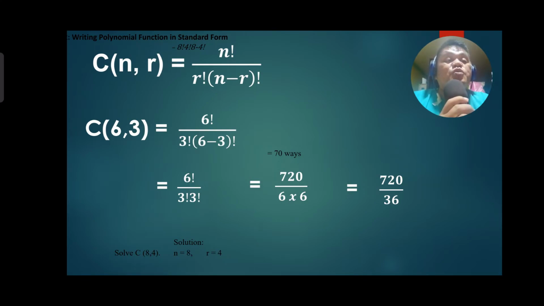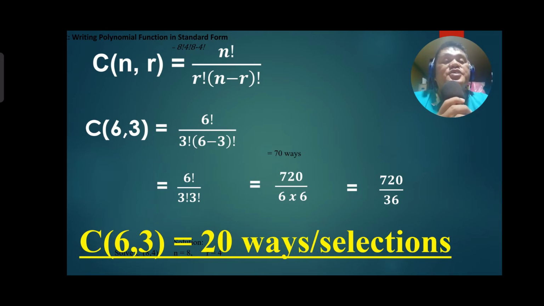So we have 720 divided by 36, which is 20 ways or 20 selections. So the combination of 6 carpenters taken 3 at a time is equal to 20 ways or 20 selections.